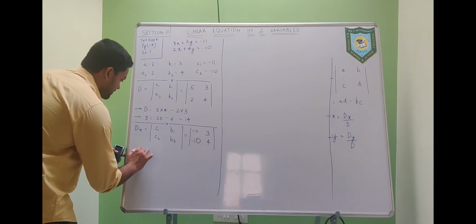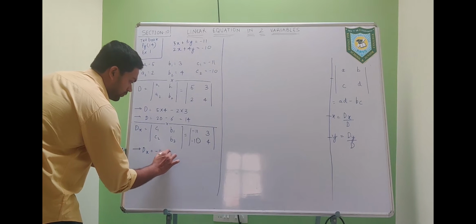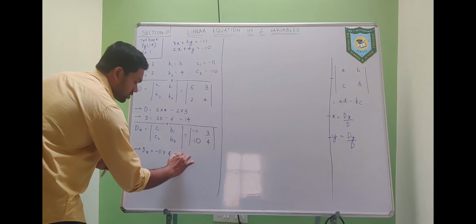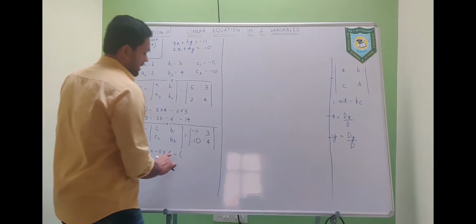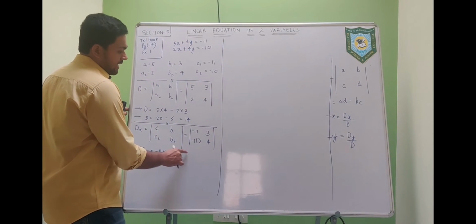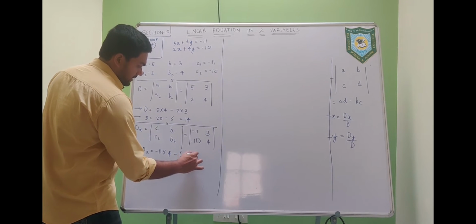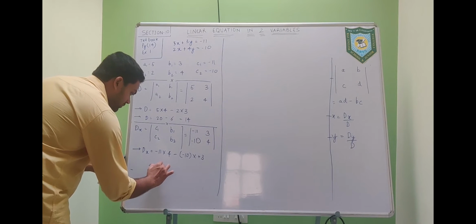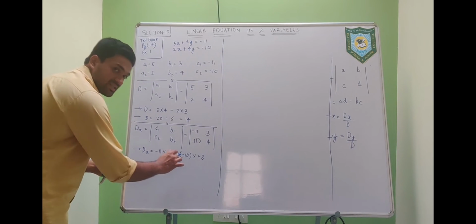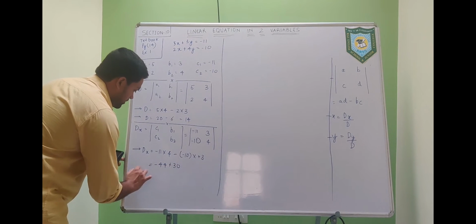Now calculating this value, I have dx is equal to minus 11 into 4 minus, now this is very important, this is AD minus BC, this minus sign is not changed. Now I have the value here as minus 10, this is minus 10 into plus 3. So now this becomes minus 44, minus minus as we know is plus, this becomes plus 30.